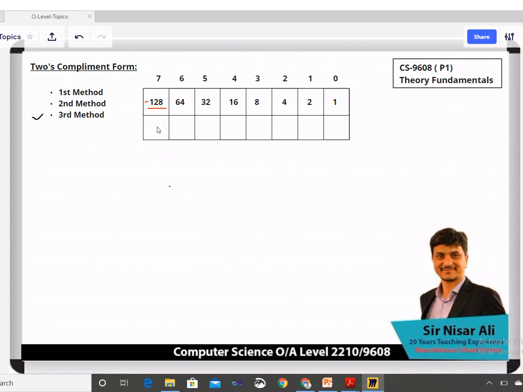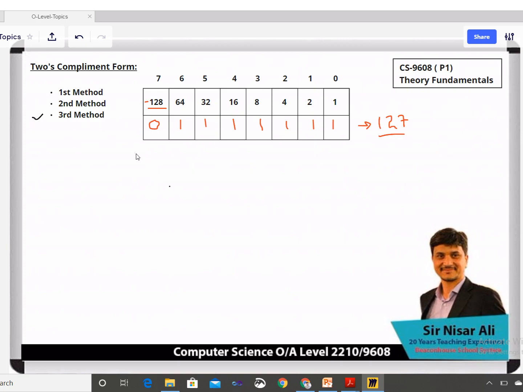Like if we turn on all the other positive bits as 1, and if we leave this as 0, which number will we reach by doing this? This will give us 127. This is the largest positive number.